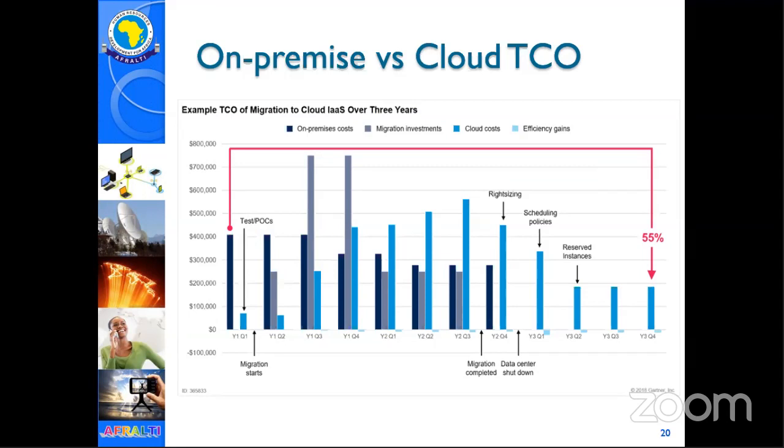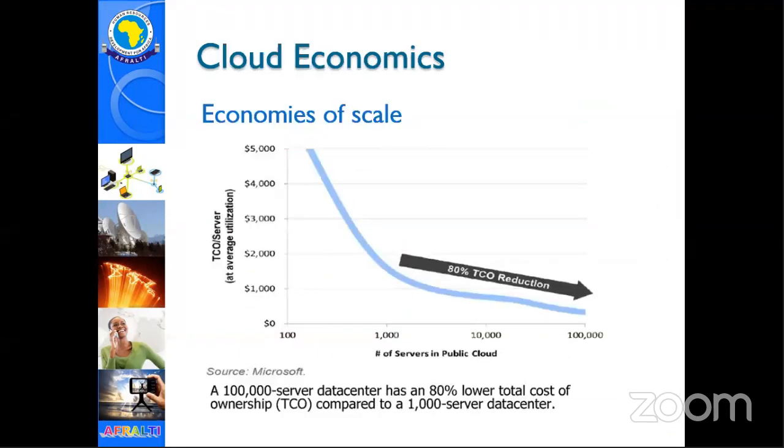Now, when you talk of economies of scale, an organization that runs very many servers would be better off on the cloud. This is an example of the economies of scale that are gained by running your servers cooperatively.